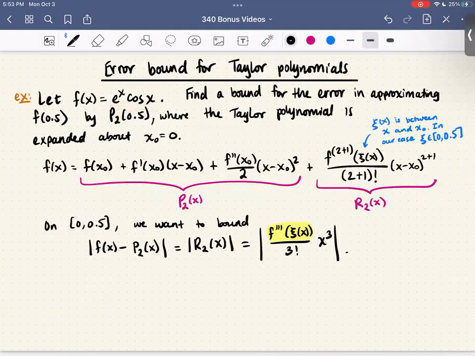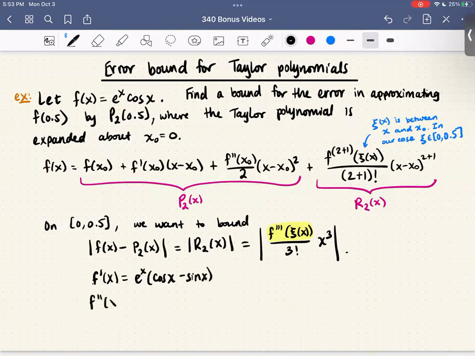You can check that f prime of x is equal to e to the x times cosine x minus sine x.